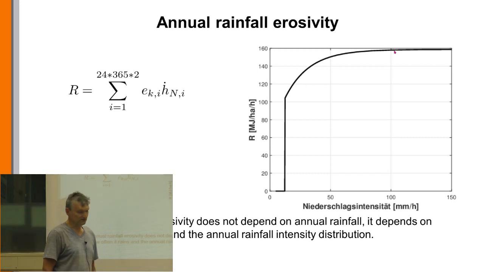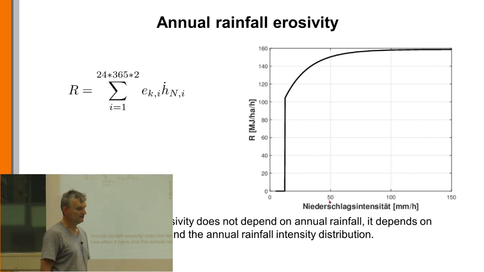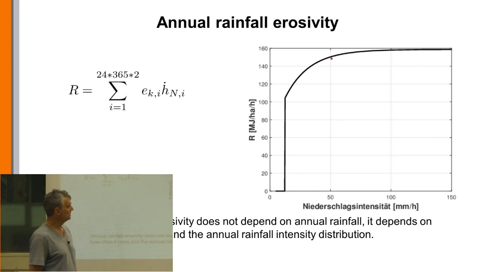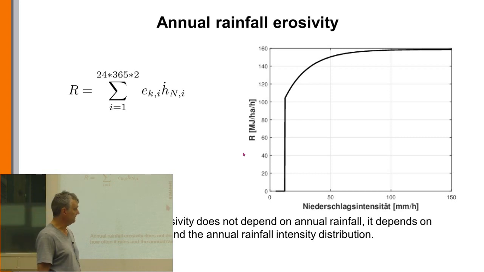When we have, instead of this, 10 rainfall events of 50 millimeters per hour, 1 hour long, then we would get, according to this calculation, something like a smaller value of 150. The annual rainfall factor would be something like 150.